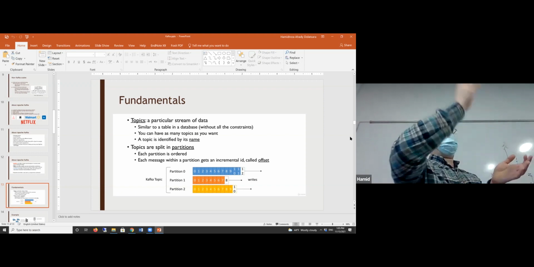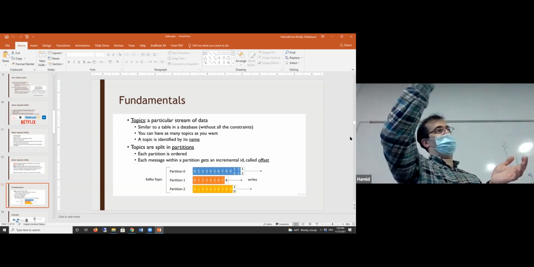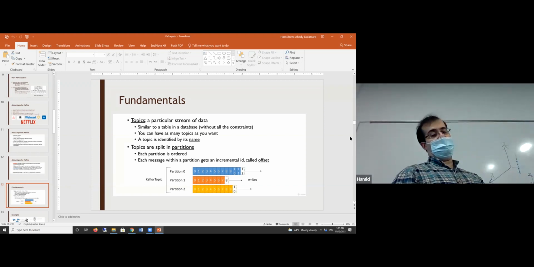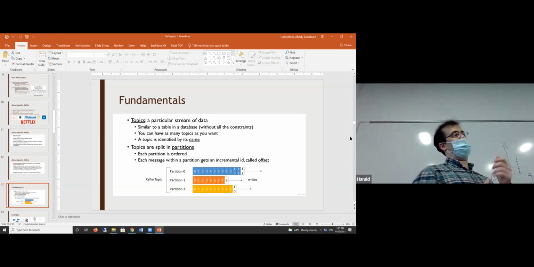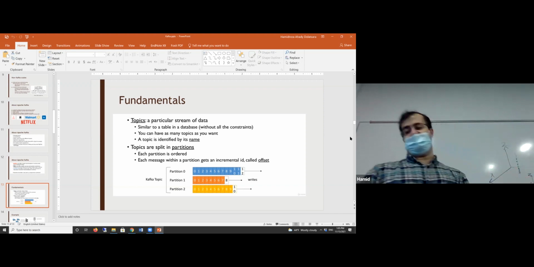Otherwise, your data or topic would go to random partitions. Kafka wants to expedite the streaming process, so when you don't identify the partition ID, it sends data randomly to the one that has faster throughput.